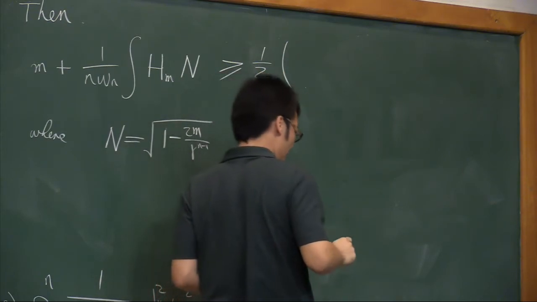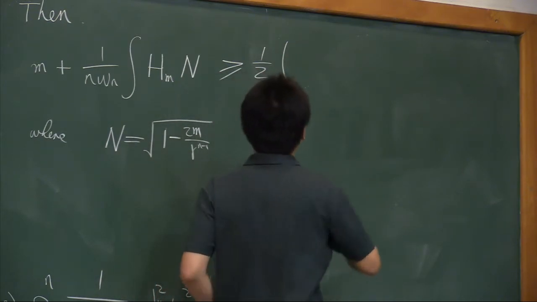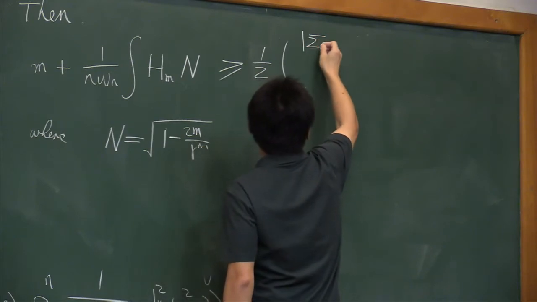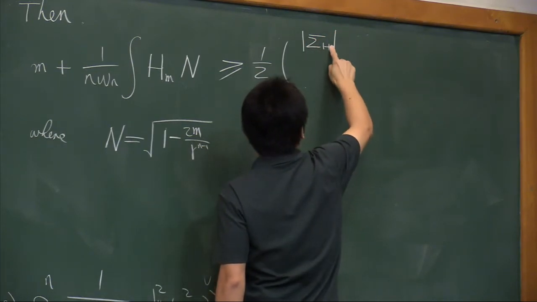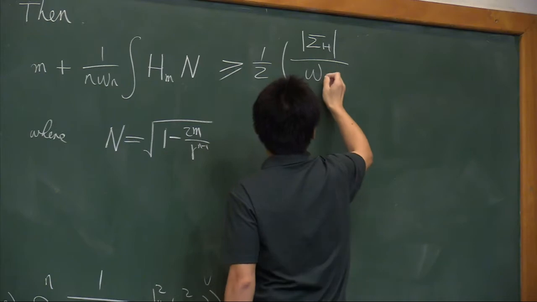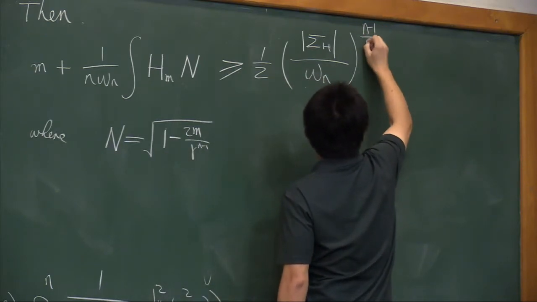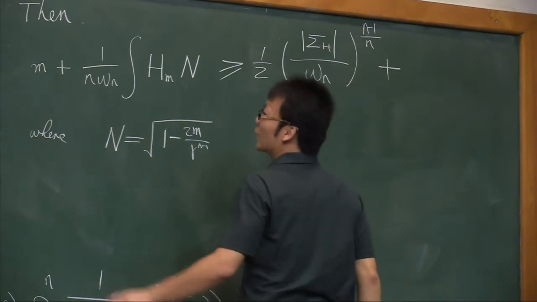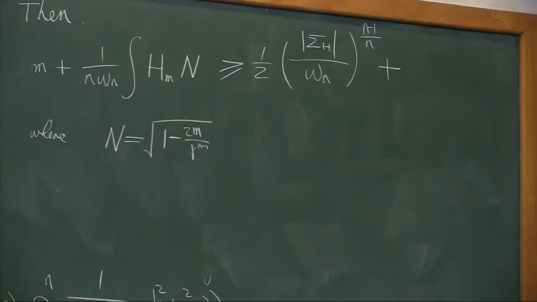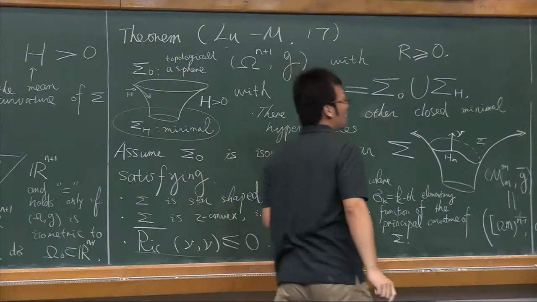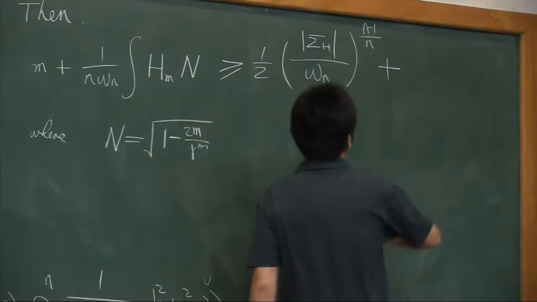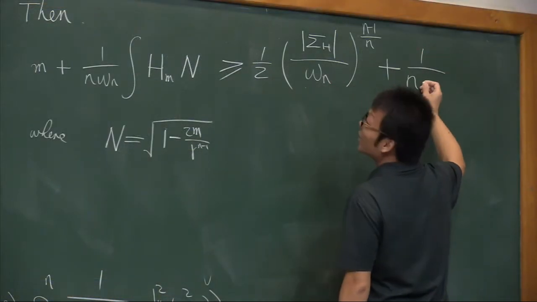Really, it's the 1/2 of the area radius. So the volume of the horizon boundary divided by omega n raised to the power n minus 1 over n. And then plus the corresponding integral taking place on the outer boundary.